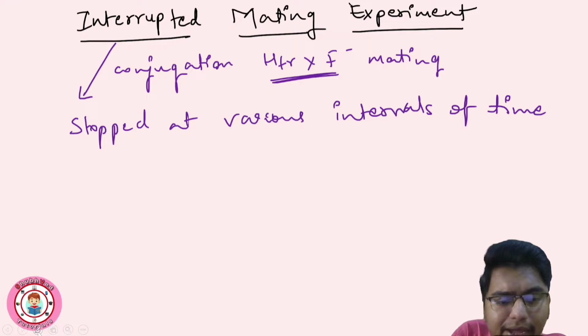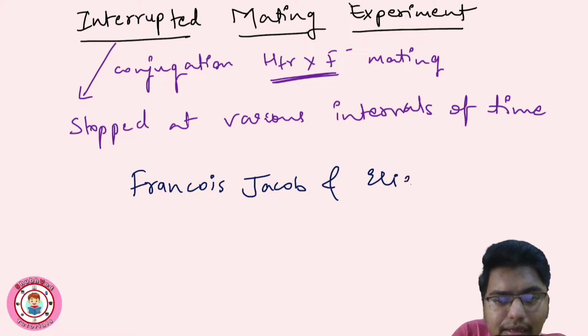Firstly, it was studied by Francois Jacob and Elie Wollman. They were studying how the genes are transferred from one HFR strain to an F minus strain, and how much time it takes.